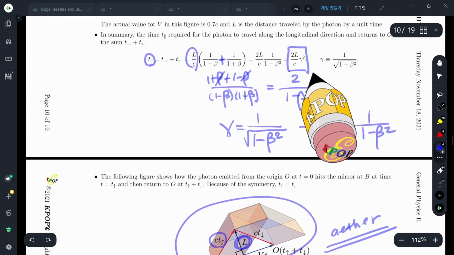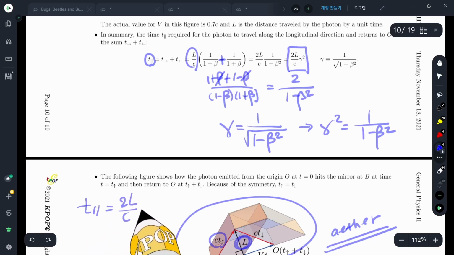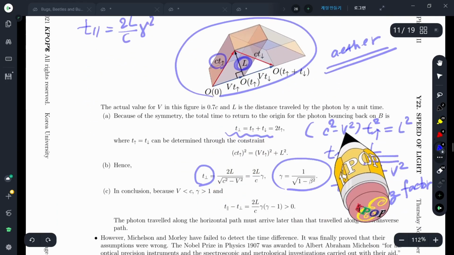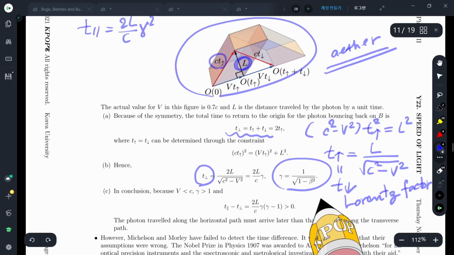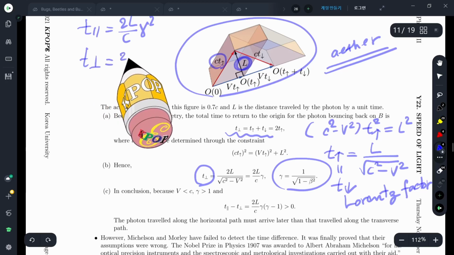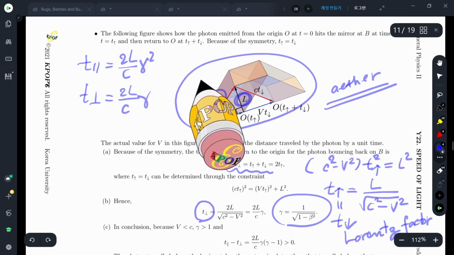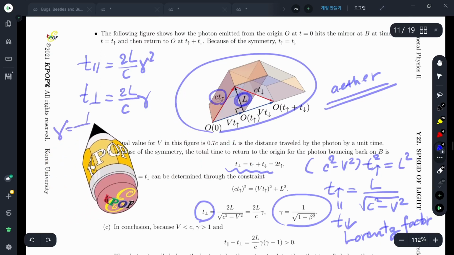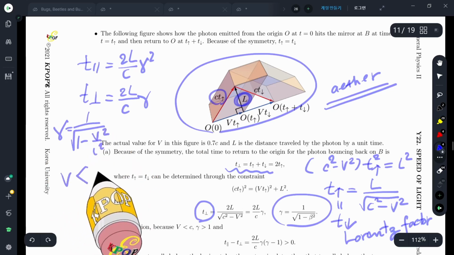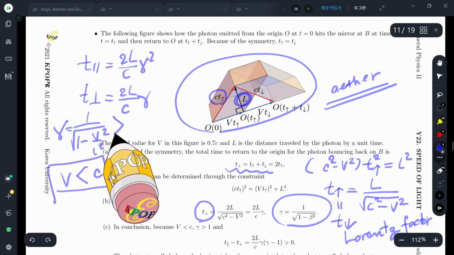If we compare with the previous result, t parallel equals 2L over c times gamma squared, and here t perpendicular equals 2L over c times gamma. Because we assume v is less than c, gamma is greater than 1.